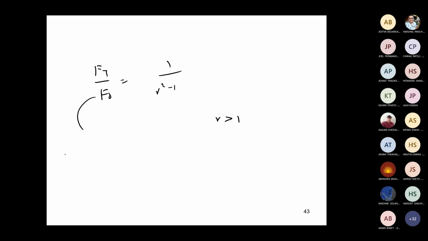Right? And what will be F0? Just now we calculated that. This is what type of imbalance? Rotating. As well as reciprocating. So the equation is m0e omega square. You know what is m0e, you know what is omega square, and you know what is r.